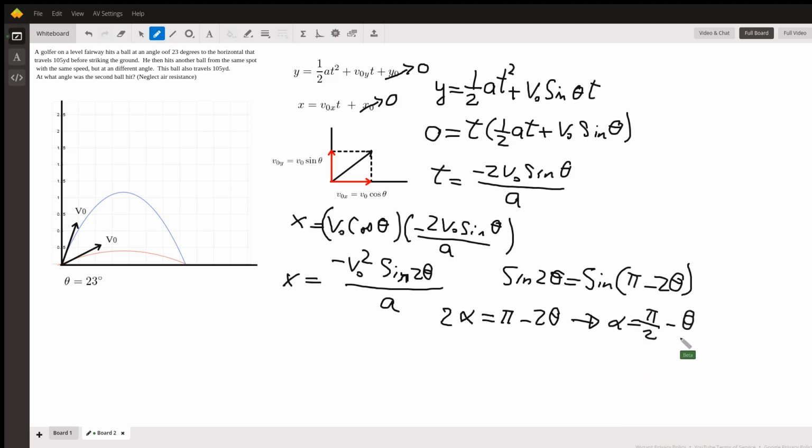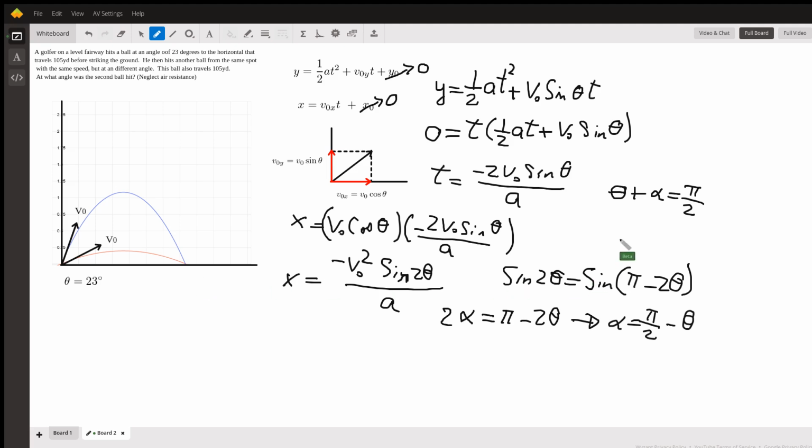So basically, this tells us that if we have an angle theta for which the projectile travels a distance x, any other angle that can be added to theta to produce 90 degrees will also make the ball go the same distance if you hit it with the same velocity.